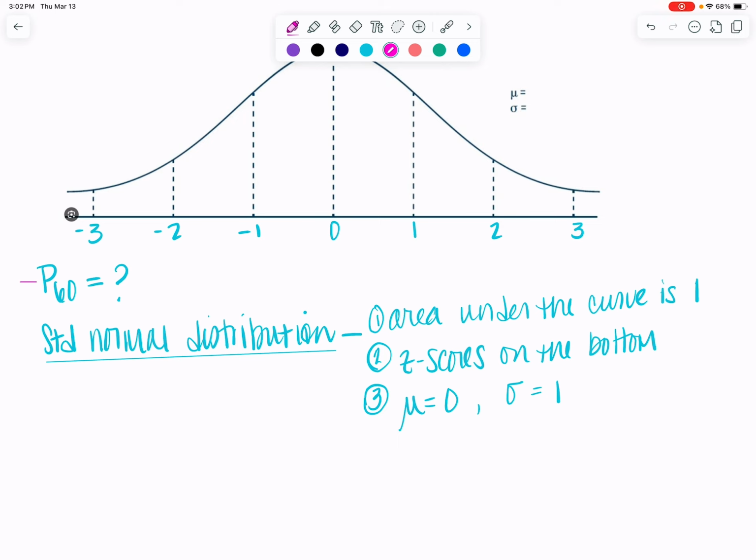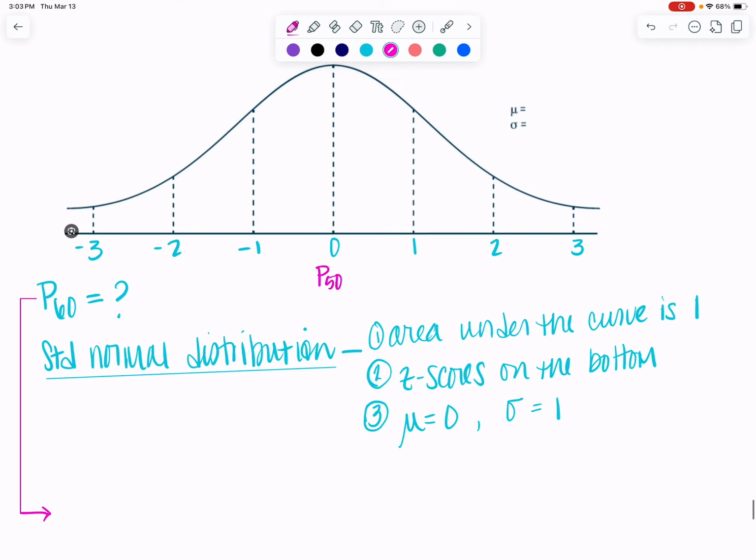Now P60 means I want the z-score, our mystery z, that divides the area so that 60% is to the left, 40% is to the right. So I'm going to estimate where I think that might be. We already said that P50 would be at 0.